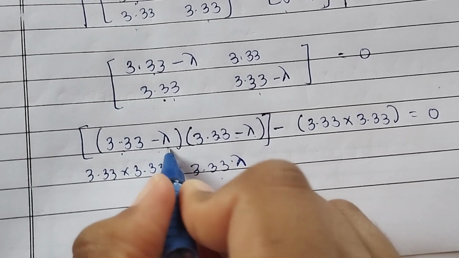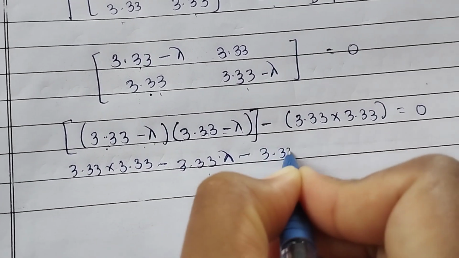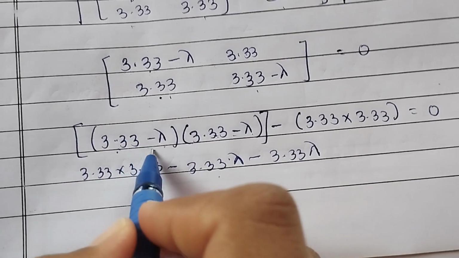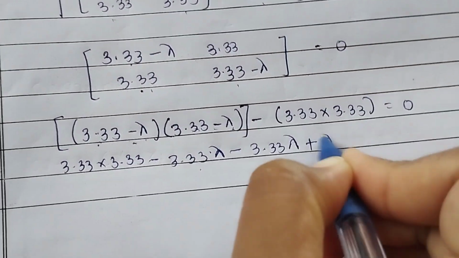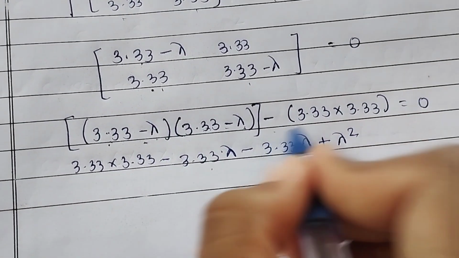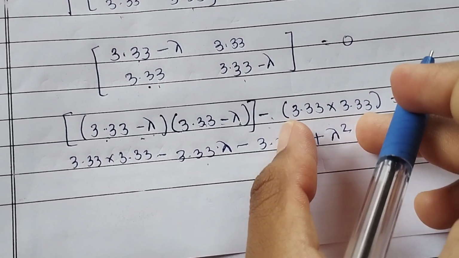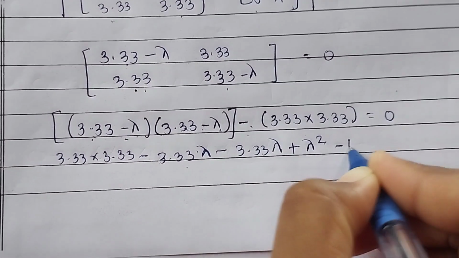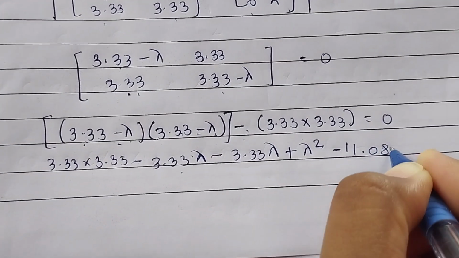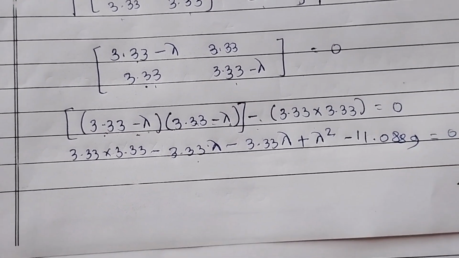Again, minus lambda into 3.33 is minus 3.33 lambda, and minus lambda into minus lambda is plus lambda square, and this minus sign as it is, and this 3.33 into 3.33 is 11.0889, equal to 0.